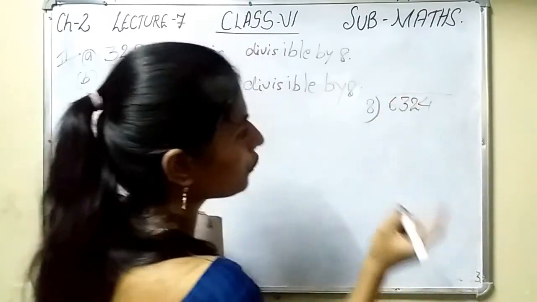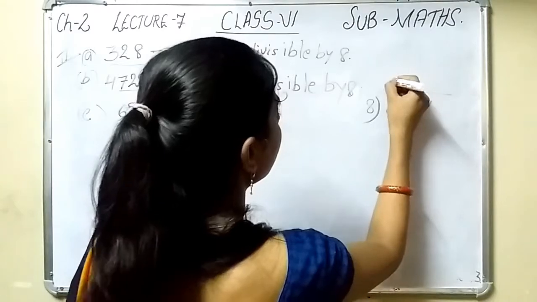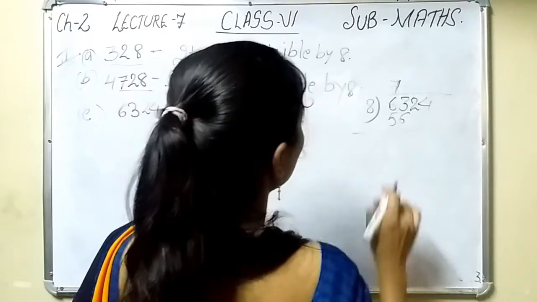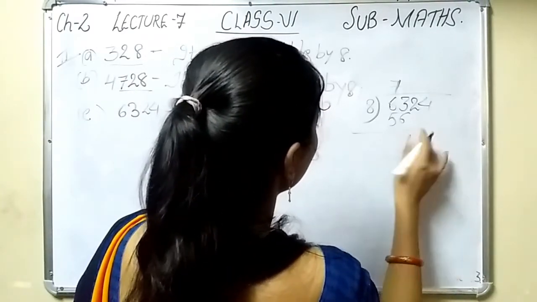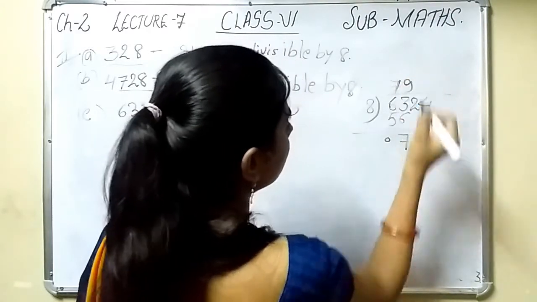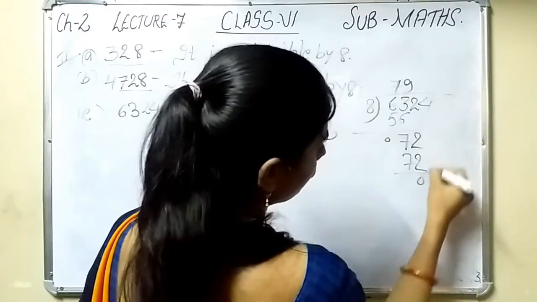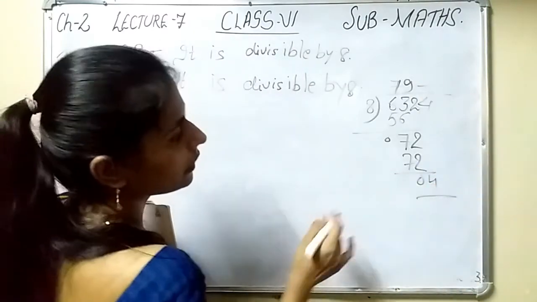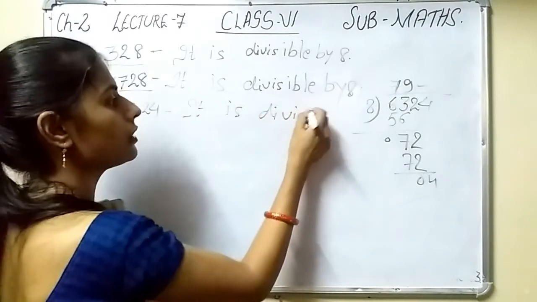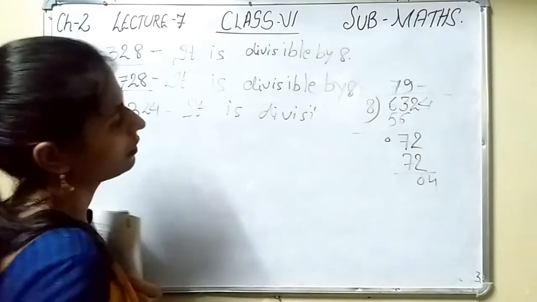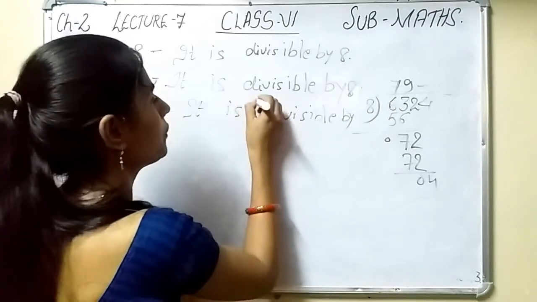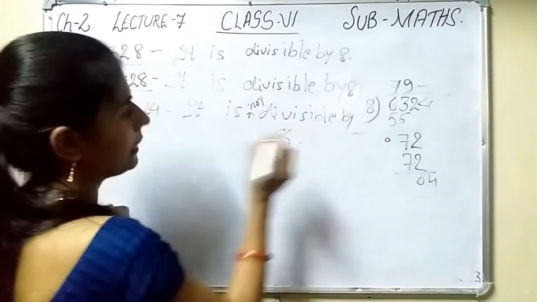Now see, 8 8s are 64, means 63 is given here. 8 7s are 56. Now minus it. 7 you will get here. Now see 2, 72, 0. Now 4. It means it will not get divisible by 8, it is not divisible by 8.